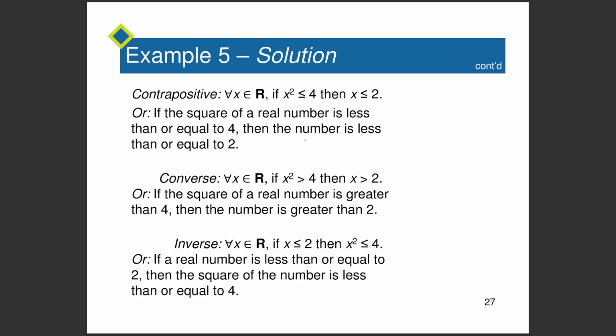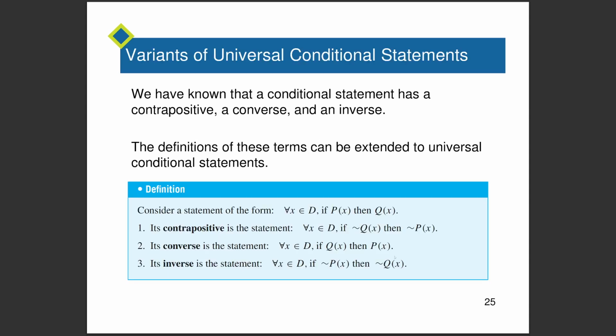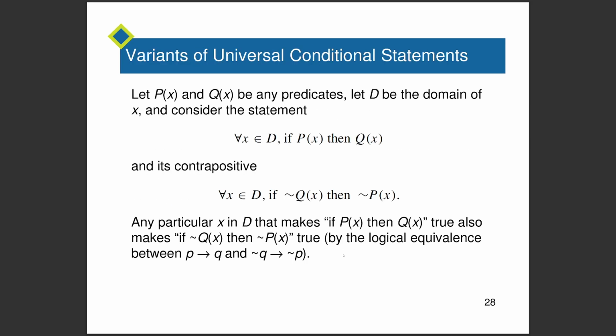The number, because we're speaking about a number here that we don't really know about. So that is very important, the way that we write it. The converse and the inverse here are really left for you to look at. We have the same forms here and we rewrite it here.